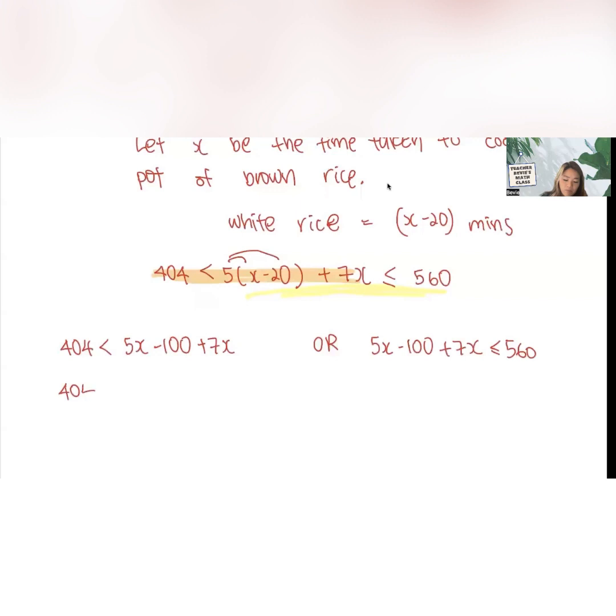404, I will bring this minus 100 over to become plus 100, smaller than 5X plus 7X is 12X. So 504 is smaller than 12X, and I will have X is greater than 42 for this portion.